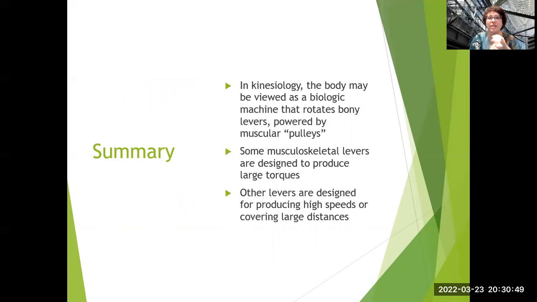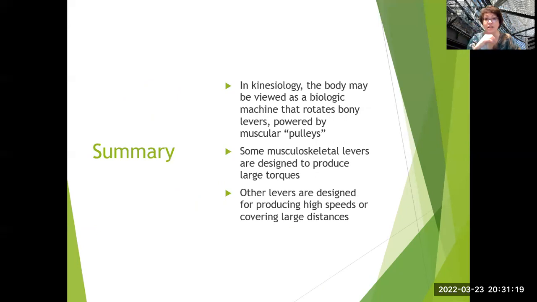Really, you can think of the body as a biological machine that rotates bony levers that are powered by muscular pulleys. Some musculoskeletal levers are designed to produce large torques, like the quadriceps. We have the patella embedded in our quadriceps tendon that increases the torque so we can produce a large force on knee extension.